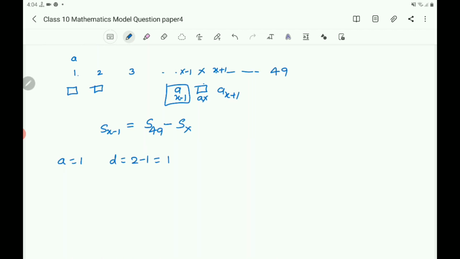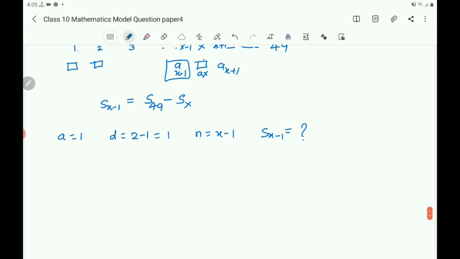So if you take n equals x minus 1, then Sx minus 1, let us find out. So write the formula for S. S equals n by 2 into 2a plus n minus 1 into d. This is the formula to find the sum of the first n terms of an AP.